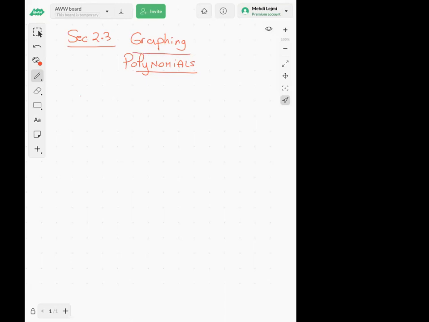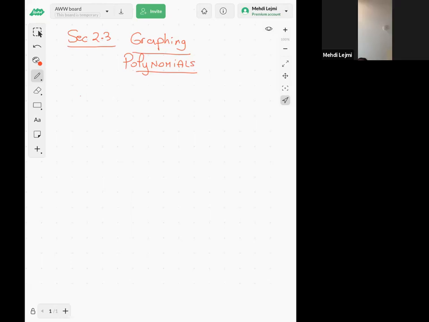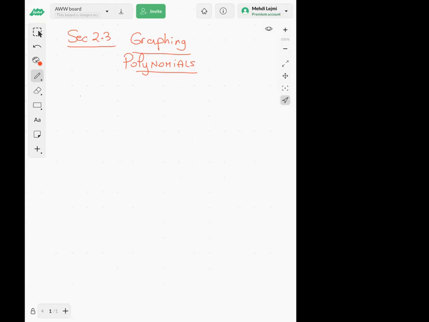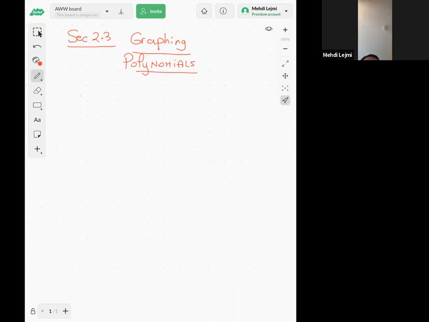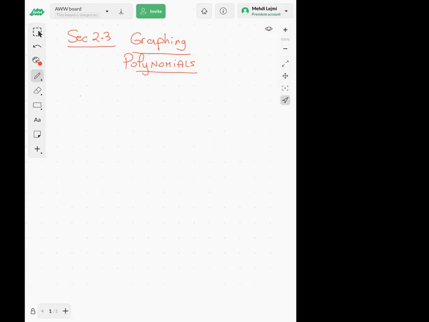How about if the second term has the largest power of x? Then the number in front of your highest power of x would be the leading coefficient. Yes, absolutely.